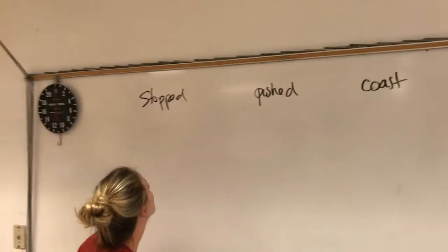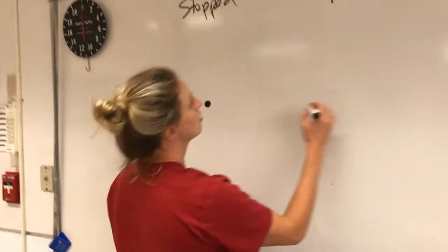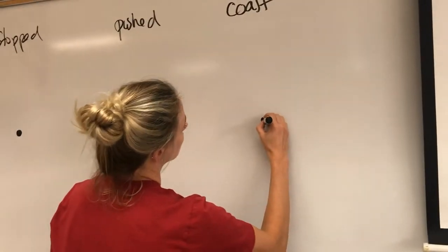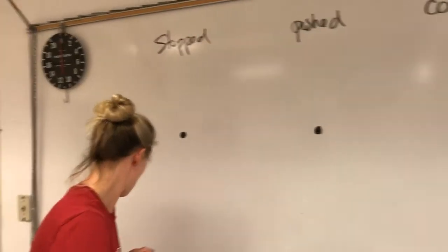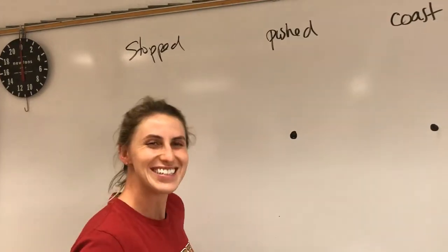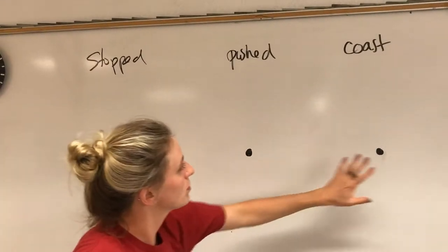Again, for free body diagrams, we do not have to draw out the cart. So do these in your notes while Ms. Moore shows you. Okay, all right, so we've got our dot to represent the cart.